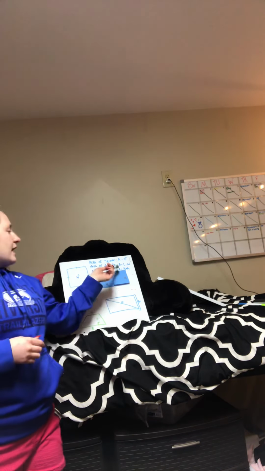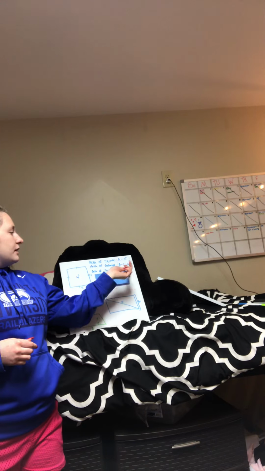The formula for an area of a triangle is A equals half B times H. A stands for area. Everyone knows what half is. That's already the number. B is base and H is height. So if we come over here, I have it already written out. The base is 5. And the height, which is this dotted line, is 7.